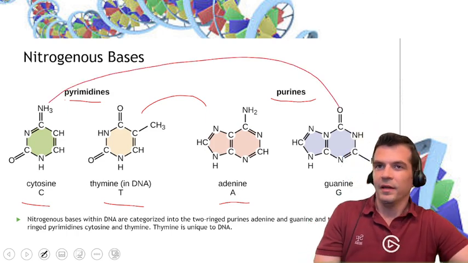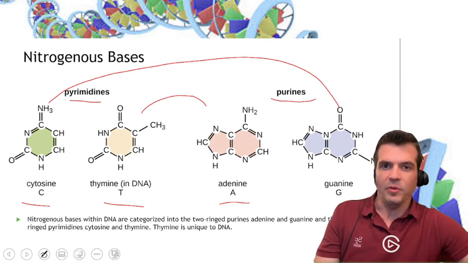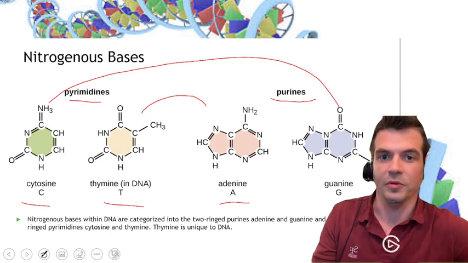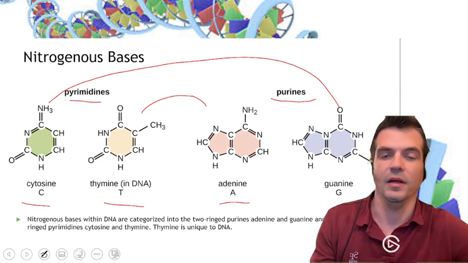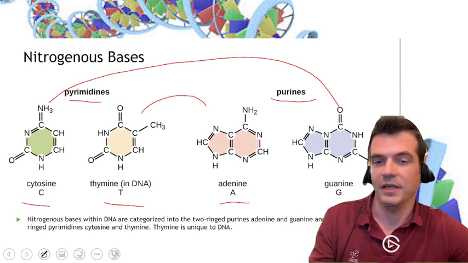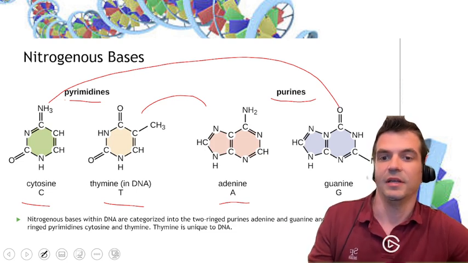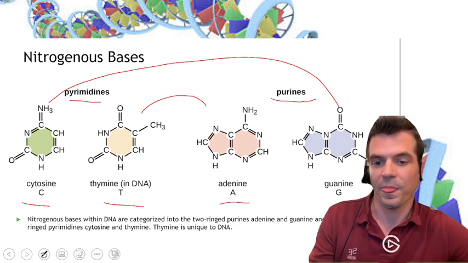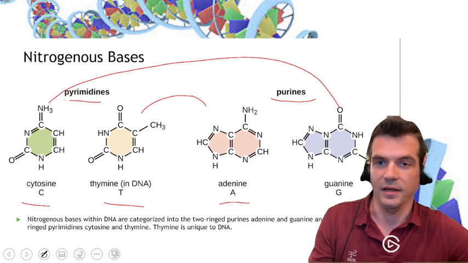All right. Now, pyrimidine and purine are 2 terms that you'll want to know, in the sense that A and G are purines, adenine and guanine, and C and T are pyrimidines, cytosine and thymine.